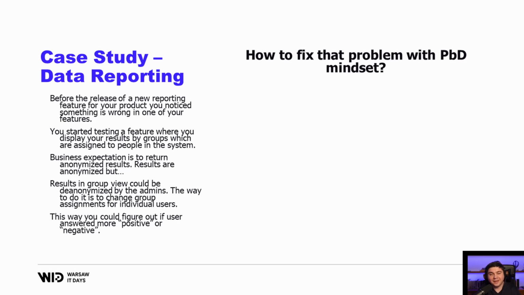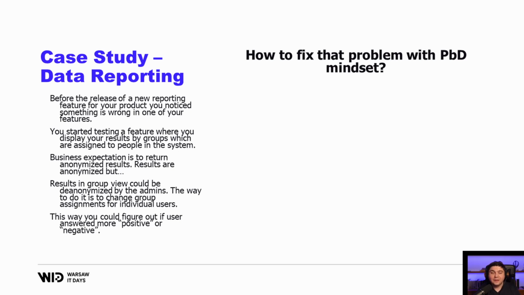You started testing a specific solution where you display your results by groups which are assigned to specific people in the system. Business expectation is to return anonymized results. Well, the results are indeed anonymized, but the results in a group view could be de-anonymized by the admins.